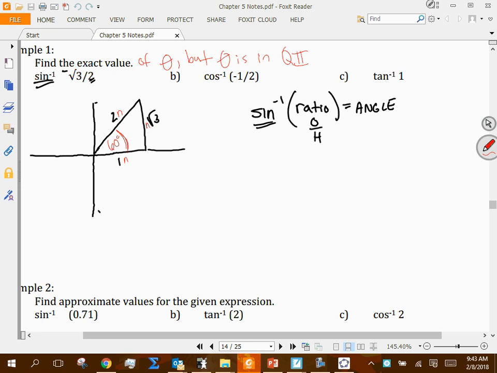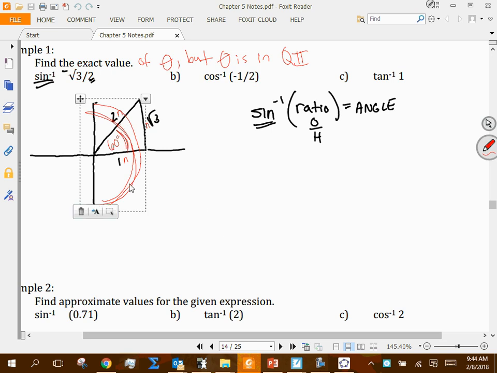Think about the sine inverse. The way we have developed it, the sine inverse is only going to give you angles between negative 90 and positive 90. Quadrant 2 has angles between 90 and 180, don't they? So will the calculator ever give me that quadrant 2 angle back? No.